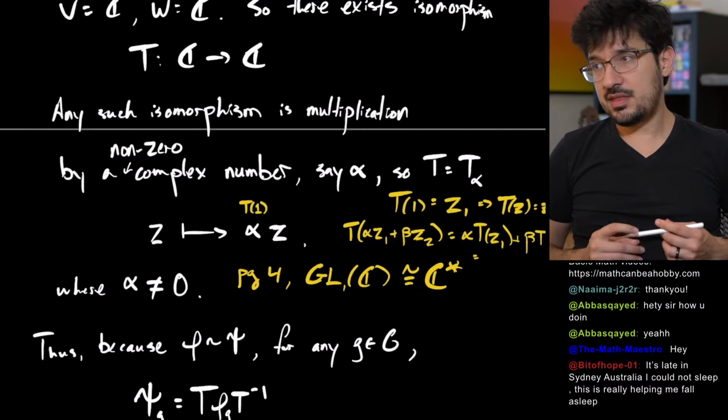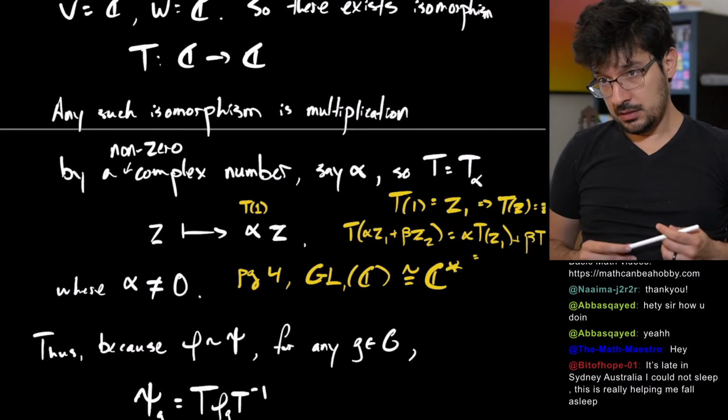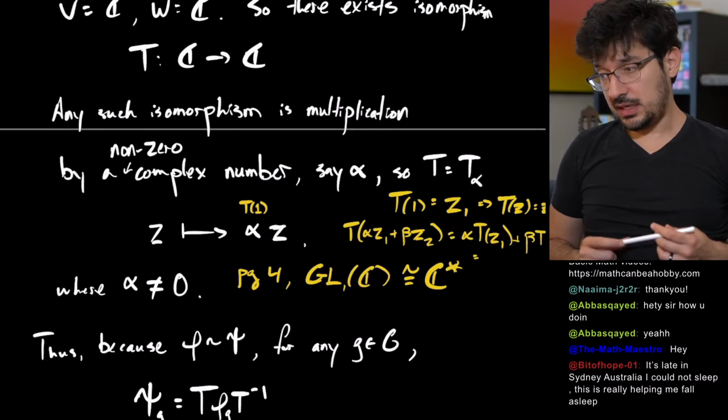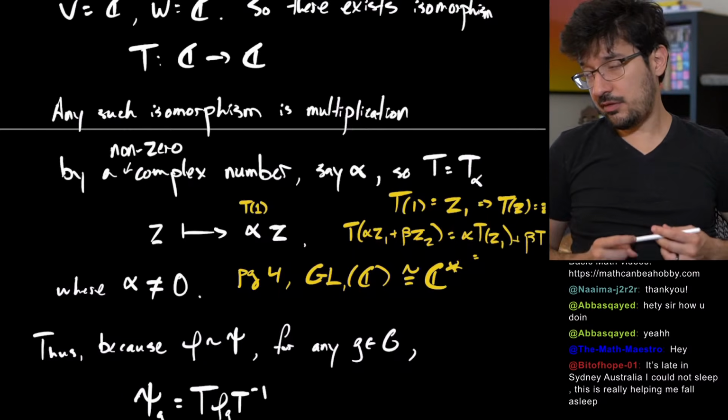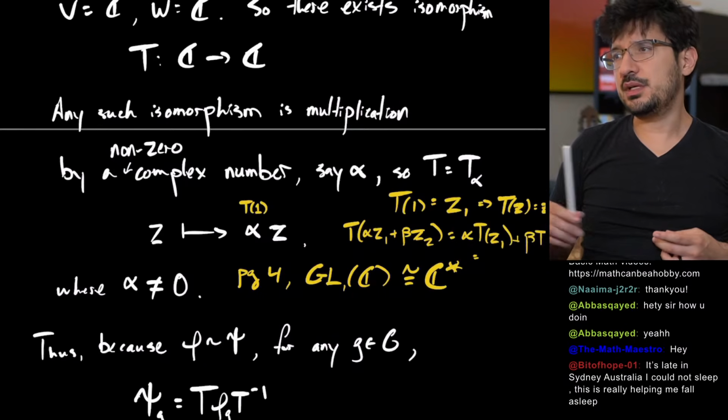And as long as that is non-zero, then we have built an isomorphism. I feel pretty good about this one.